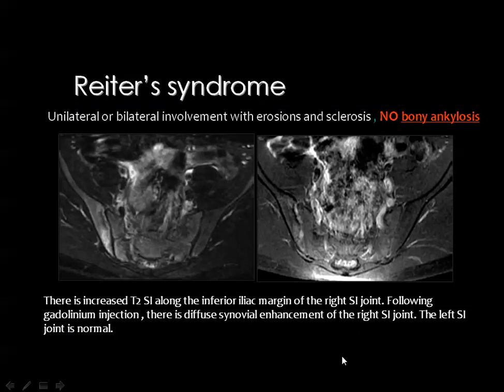Also, the changes in the sacroiliac joints are similar to those of psoriasis, except that psoriasis may proceed to bony ankylosis, but in cases of Reiter syndrome, the lesions do not usually proceed to bony ankylosis. And you remember, the affection is asymmetric, and it may be bilateral or unilateral. The earliest sign of sacroiliitis is the development of bone marrow edema on both sides of the articular surface, as you can see here in the right sacroiliac joint.